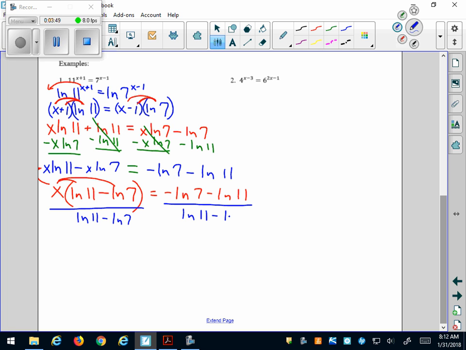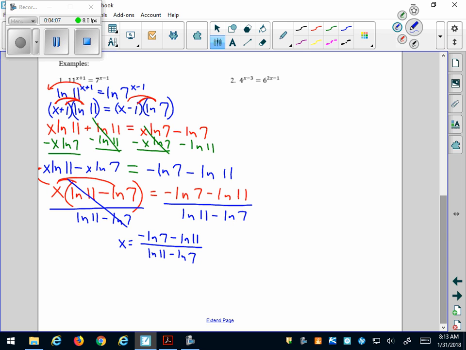Whatever we do to one side, we have to do to the other side. Now, this is where there's some discrepancy among teachers and answer keys. Where do you stop simplifying?